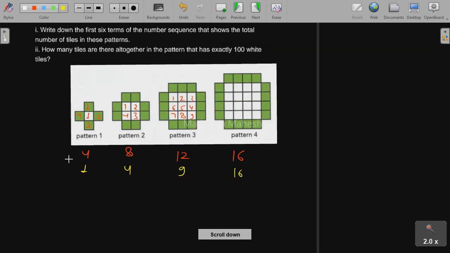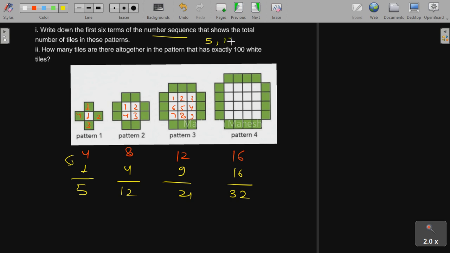So now we have to add these two numbers. 4 plus 1, 5. Then 12, 21, and 32. So the first 4 terms are 5, 12, 21, 32.